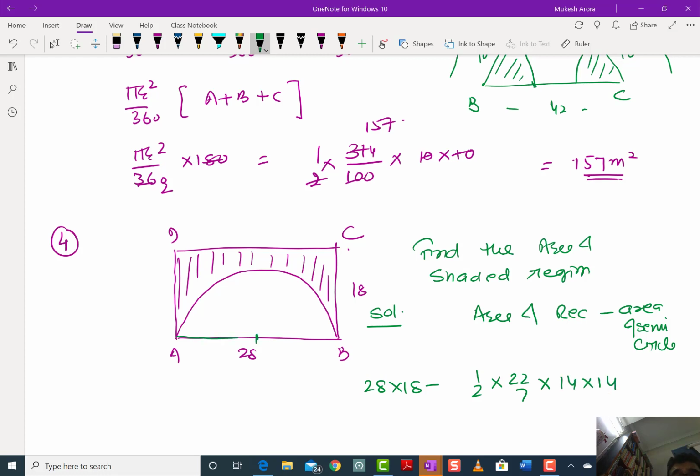So 28 into 18, 504 minus 308, which will be equal to 190 centimeters square.